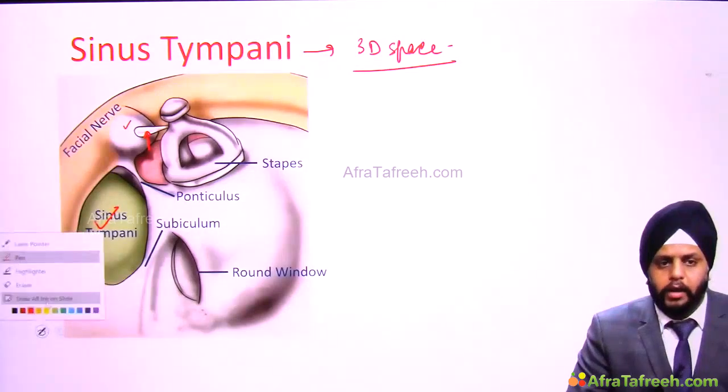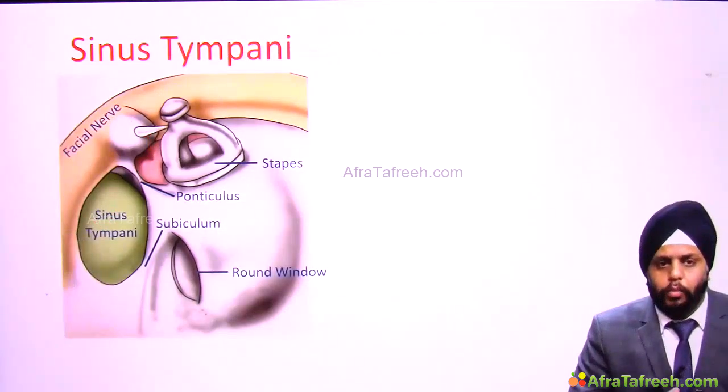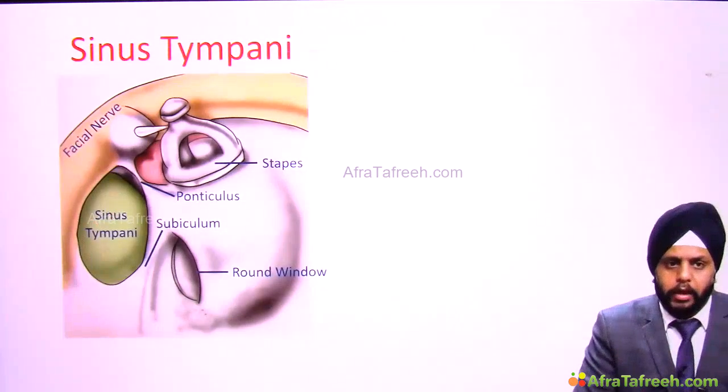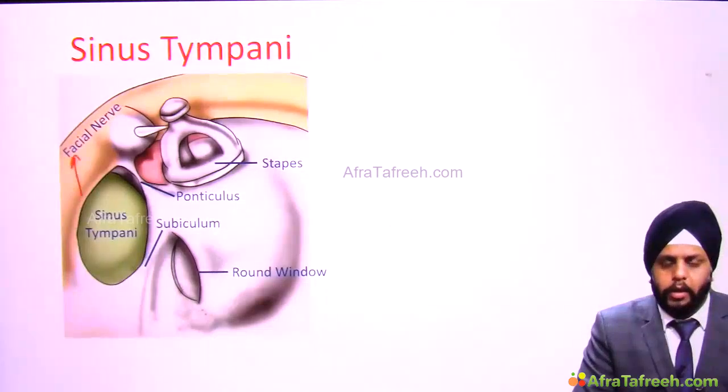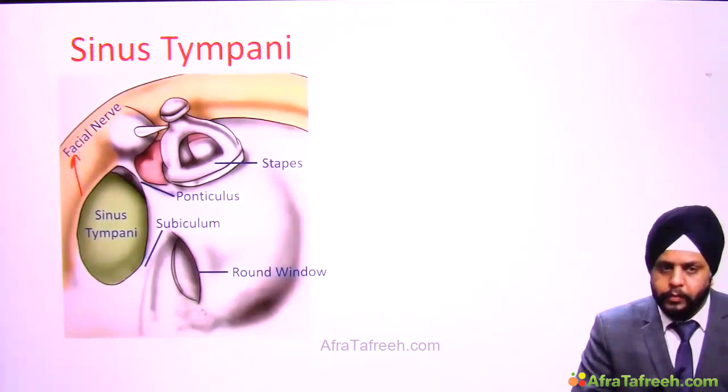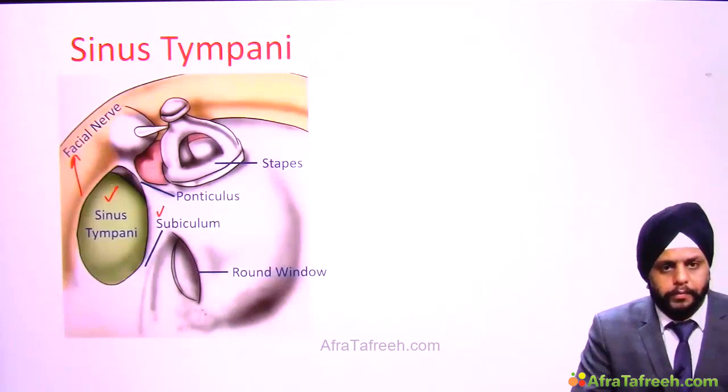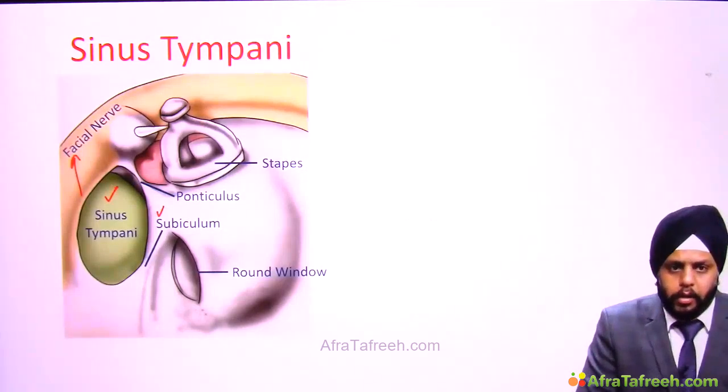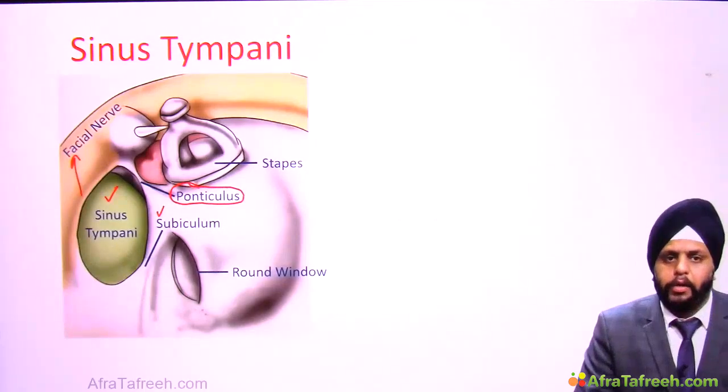So once again, let me revise for you what are the boundaries of this sinus tympani. The lateral boundary is the facial nerve. The medial boundary is the medial wall. Okay, the posterior boundary is the posterior wall. Now the superior boundary is the ponticulus. Okay, so that's your superior boundary.